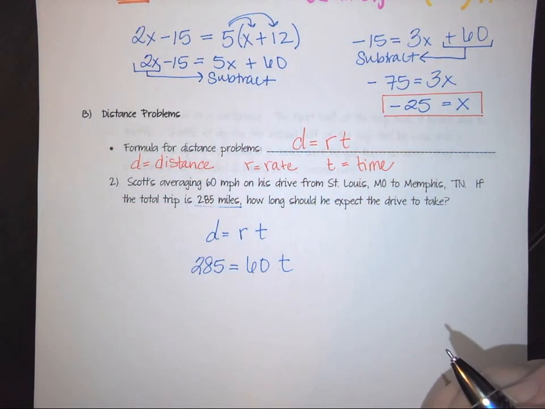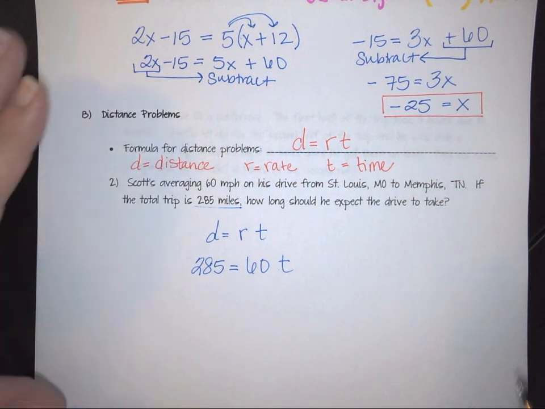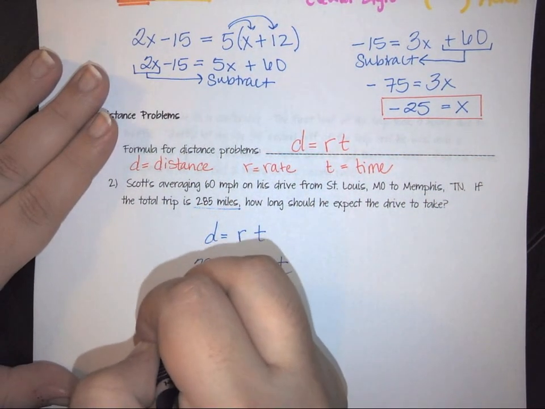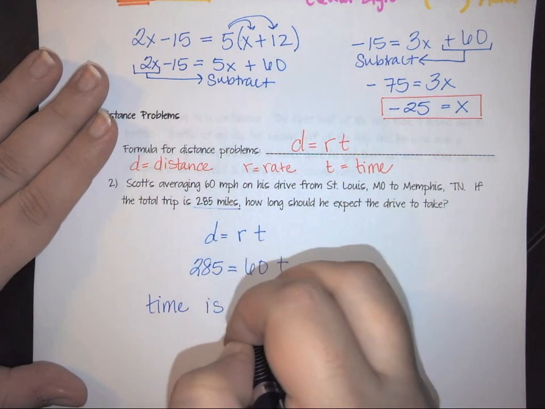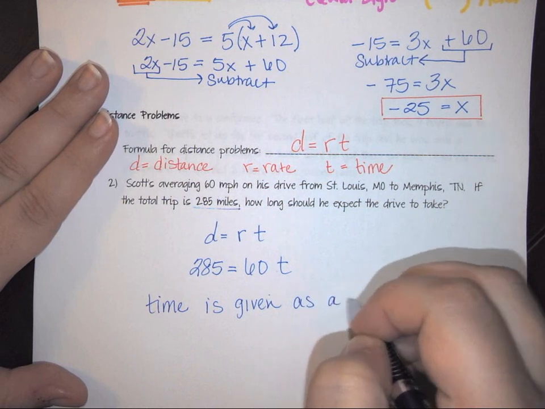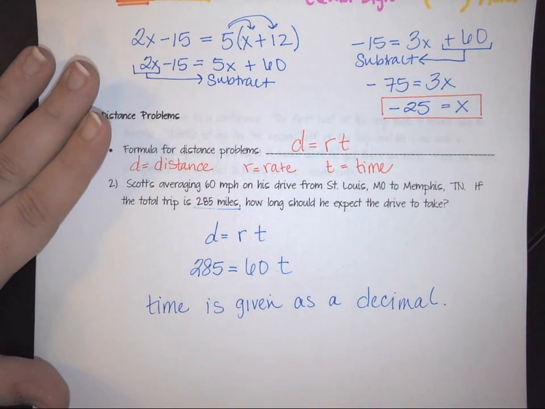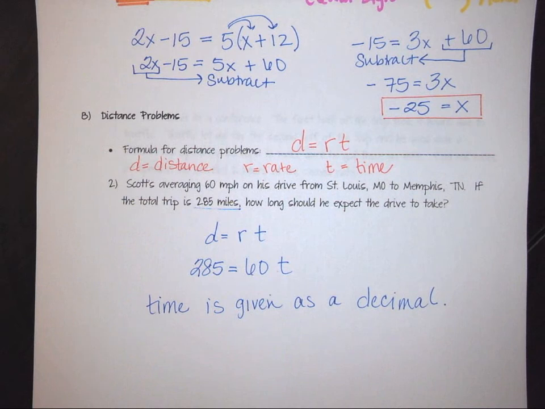T is what's missing. Now, since we're talking about time, time is given as a decimal. So what that means is, think about a stopwatch.